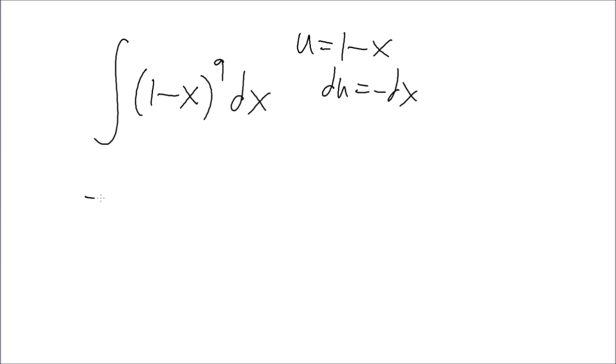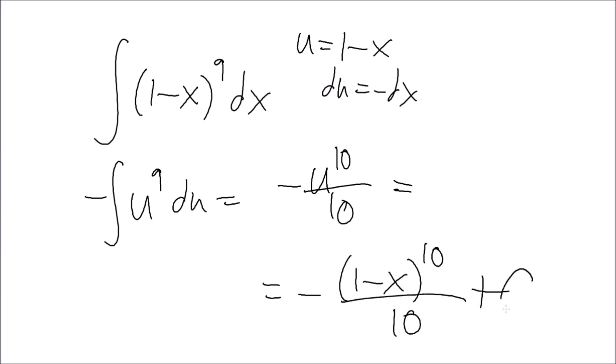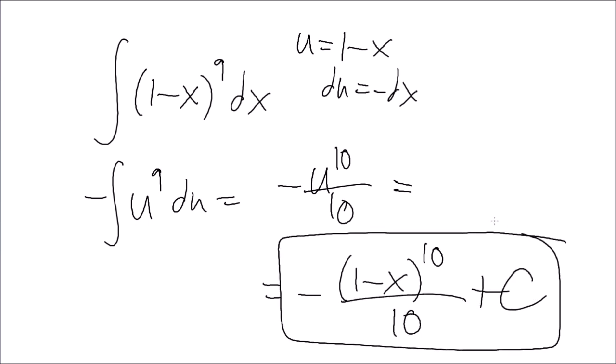So we have a negative u to the power of 9. And so our answer is 1 minus x to the power of 10 all over 10 plus c. Cool.